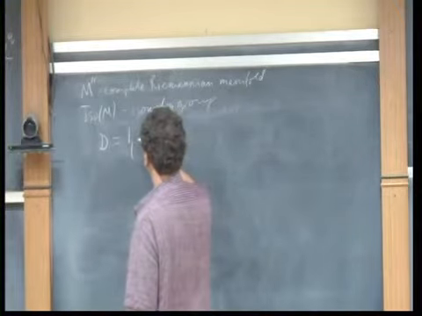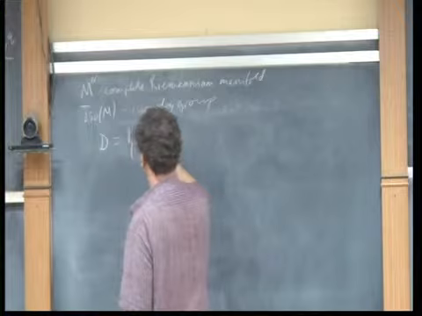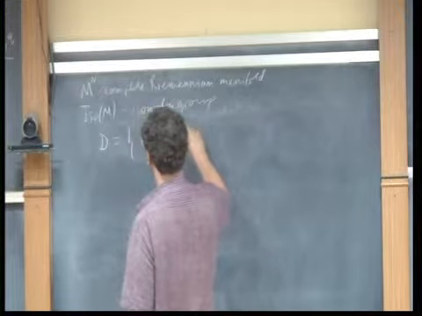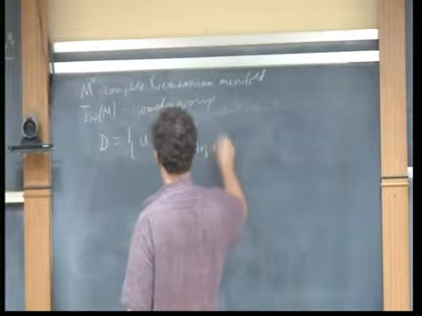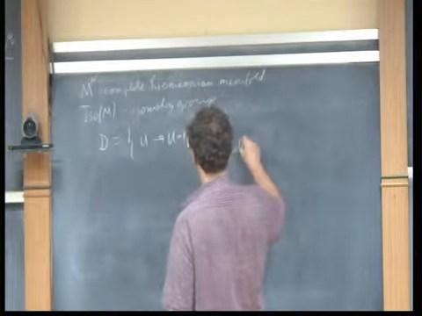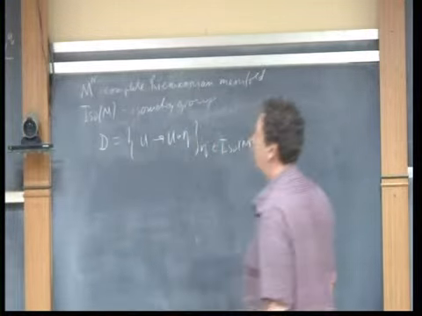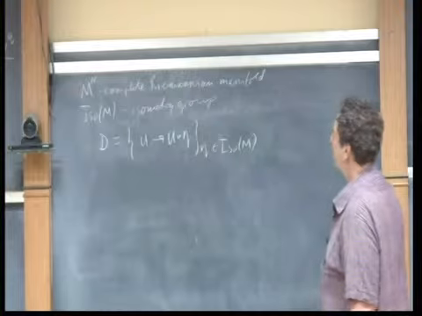So it's the set of mappings u to u composed with eta, eta in isometry. A group of actions of isometries.